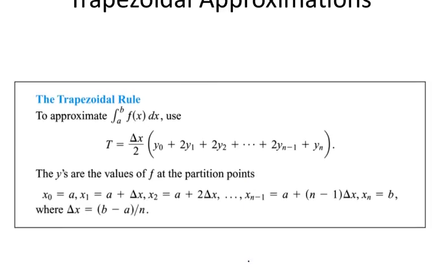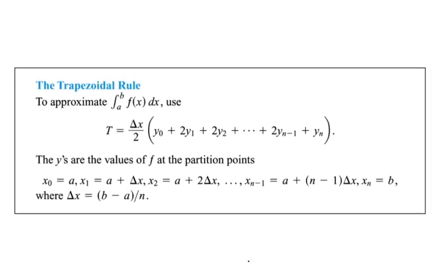Part of the trick is finding out exactly which y values to calculate. That comes from this rule right out of the book. The width delta x is b minus a divided by the number of trapezoids you want to use to model this.